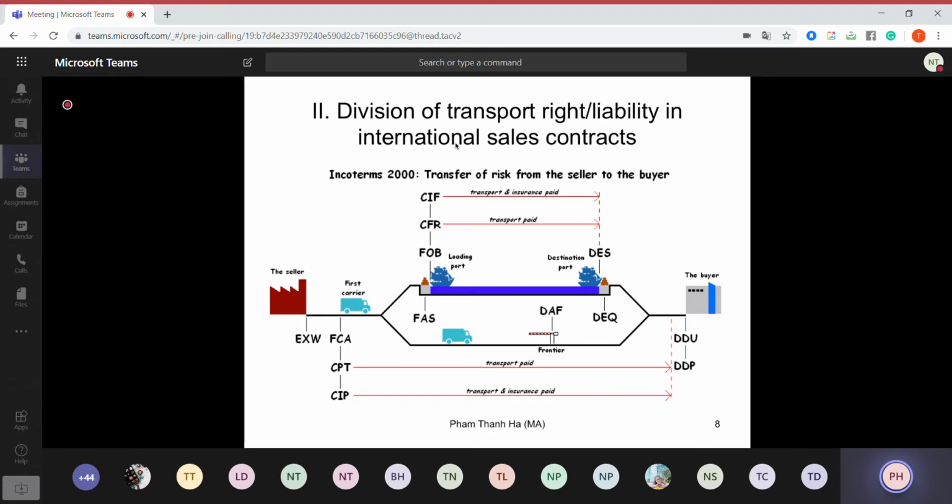Because, first of all, ICC originally had only FOB, CFR and CIF. So they are the first terms and conditions used in international trade. And the other reason is that FOB, CIF and CFR are all used for maritime transportation only, or sea freight only.